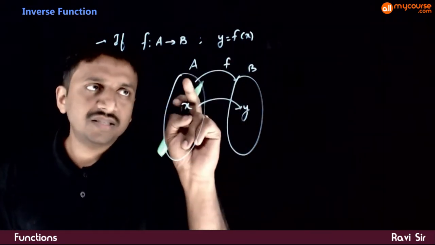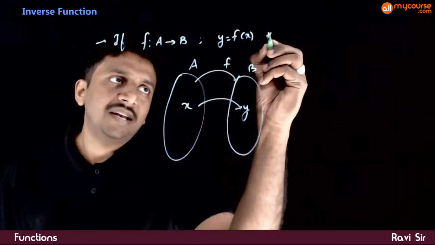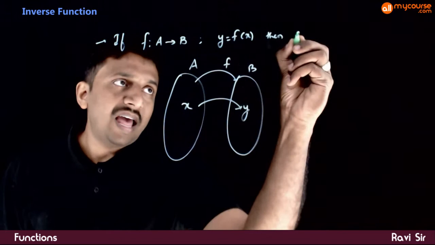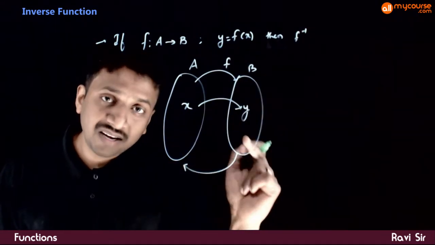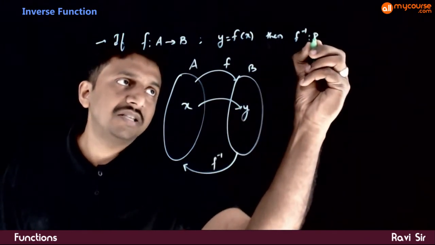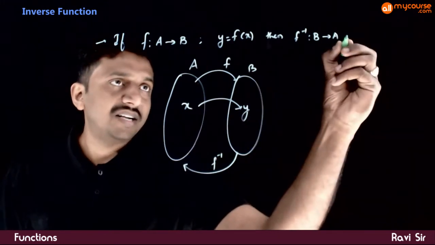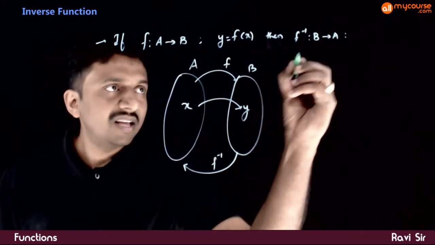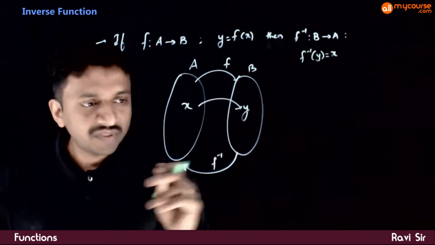So if f is a function from A to B which connects x to y, then f inverse is a function defined from B to A. F inverse is a function defined from B to A such that f inverse of y is equal to x.